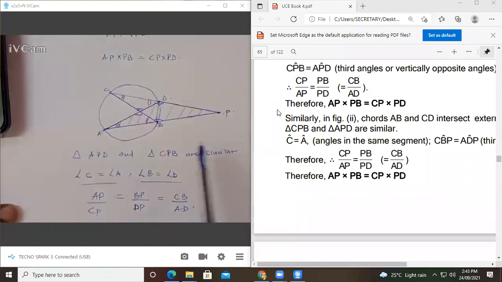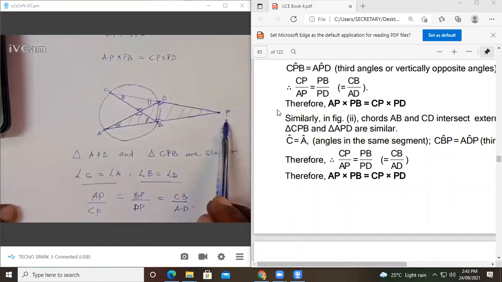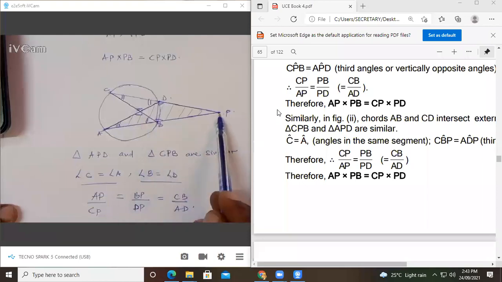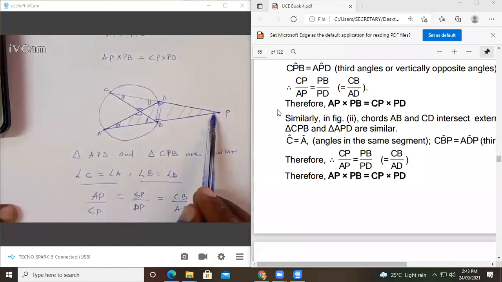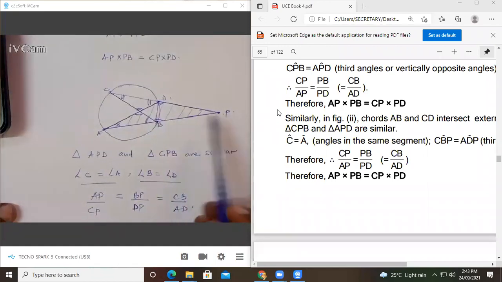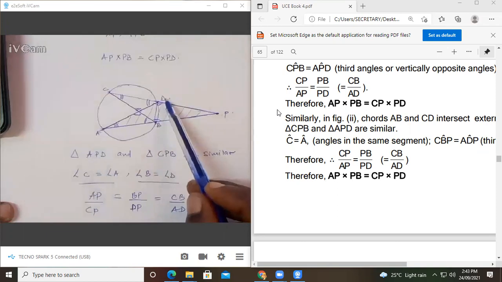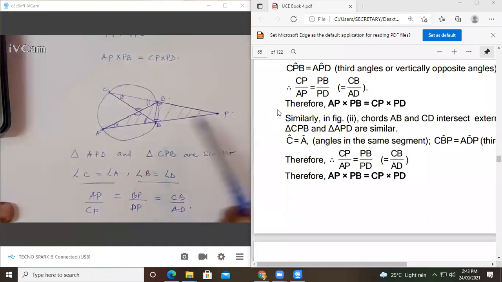So it can also be equal to PB over DP, because this is part of the base of the first triangle over this part of the base of the second triangle, which is also equal to AD over CB. That is also correct. Are we together?